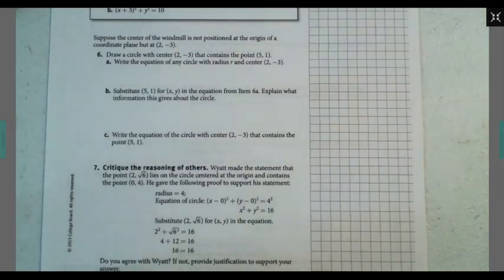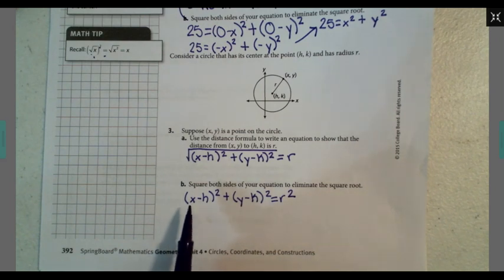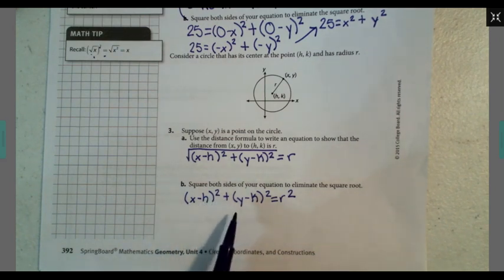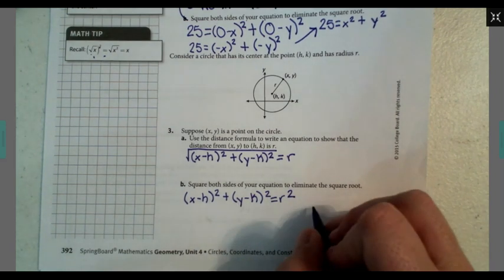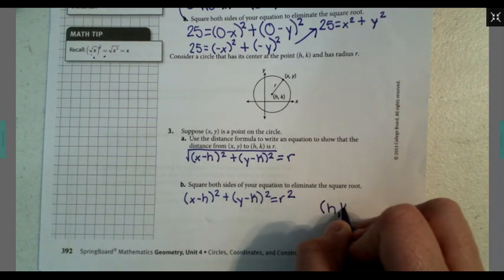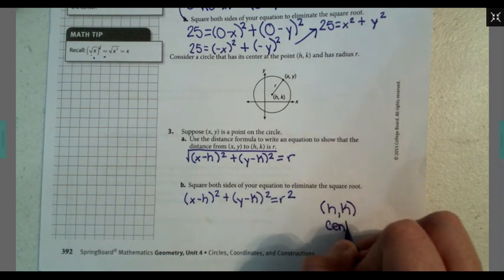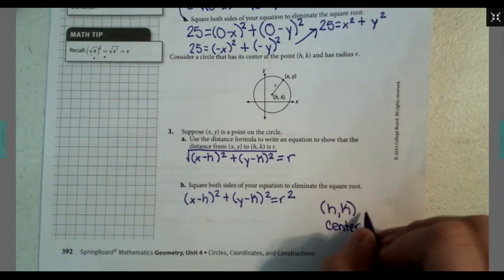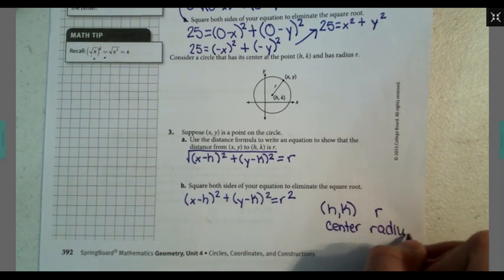Okay, so I want to go back to the generalized formula that we just wrote a second ago, which was (x minus h) squared plus (y minus k) squared equals r squared, where h, k is the center of my circle and r is my radius.